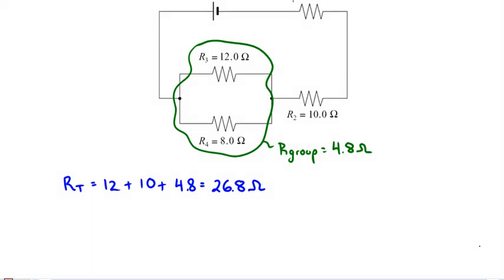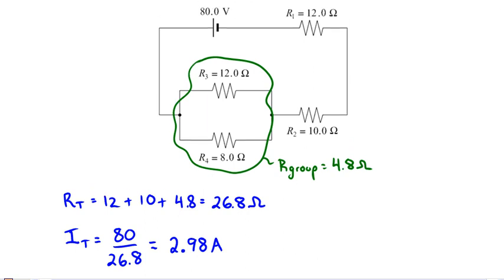I'm going to find the current flowing in the entire circuit. So I total, well that's just going to be all my voltage divided by all my resistance. So I'm going to take 80 volts and divide it by the 26.8 ohms of resistance. And when I tried that out, I had almost 3, about 2.98 amps of current flowing on the main wire.